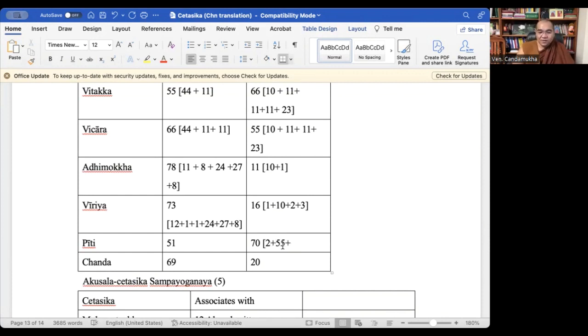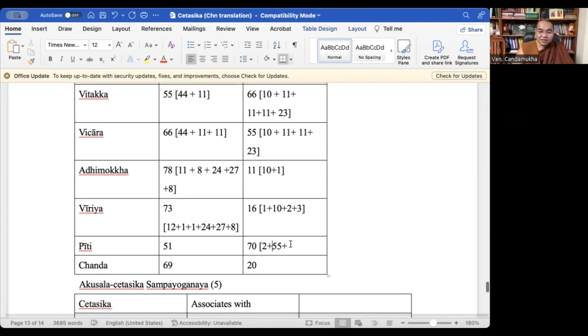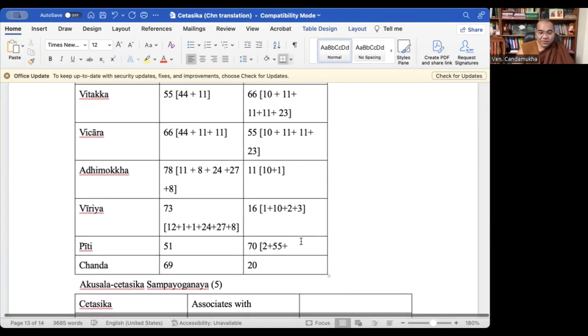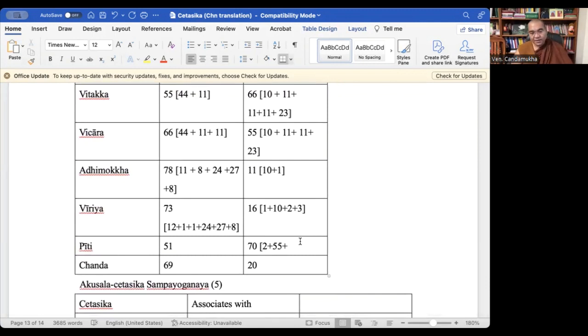So how can they associate with PD? PD is a non-neutral happiness, based on the happiness. And then Kaya Vijnana Citta 2. This PD is mental.